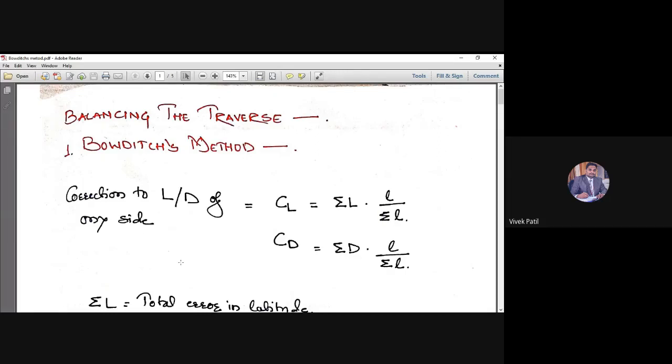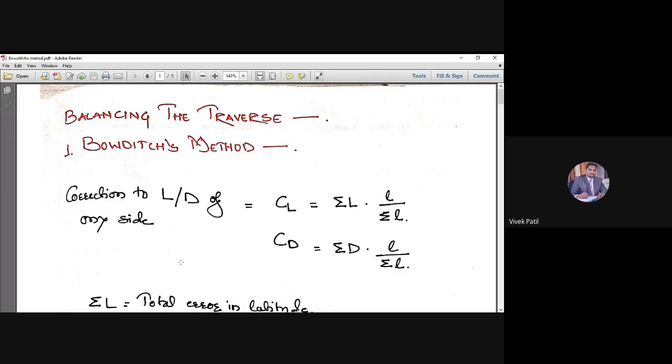The closing error is given as the root of summation of latitude square plus summation of departure square, and the direction of that closing error is given as tan delta equal to summation of latitude divided by summation of departure. That part we discussed in the previous session.